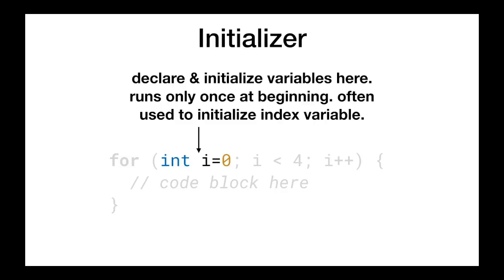Typically, the variable you initialize here will be used to index into the array. So if you want to go from start to finish, you should just set it to 0. That's because the array's first element is at index 0, and the second element is at 1, and so on. The initializer is only executed one time at the very beginning. The variable you initialize here is commonly called the index variable.